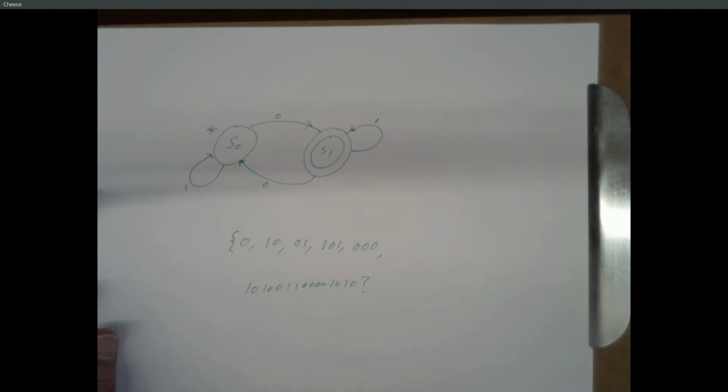So suppose we wanted to recognize a string containing a 0 followed by any pattern that has an odd number of zeros. But it's got to start with a 0.